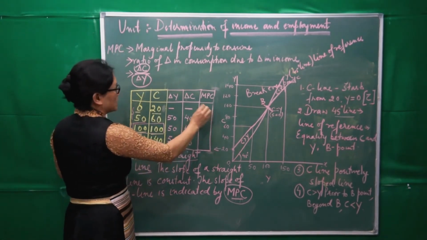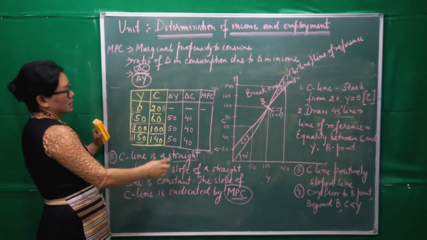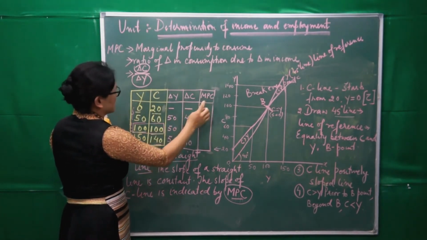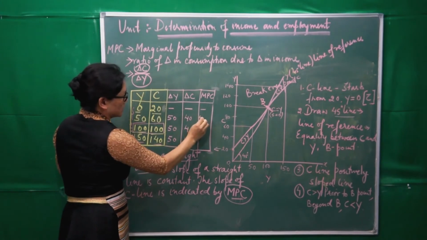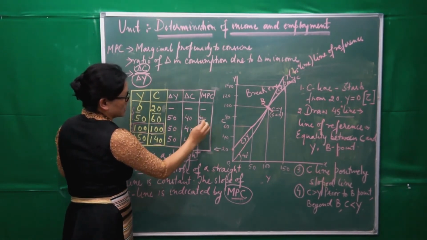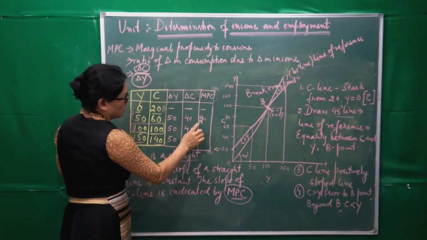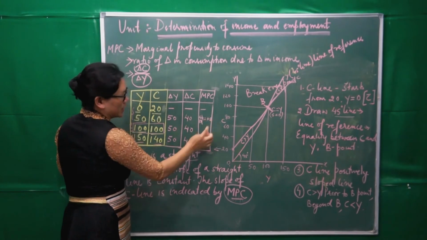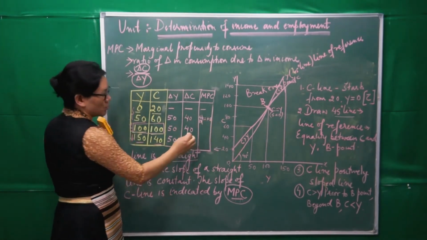Okay, so MPC is this much, right? So MPC initially I will do here, that is change in C, that is 40, upon 50, will be how much? 0.8. MPC, how much are we getting? 0.8.